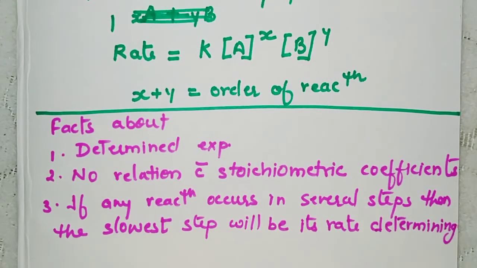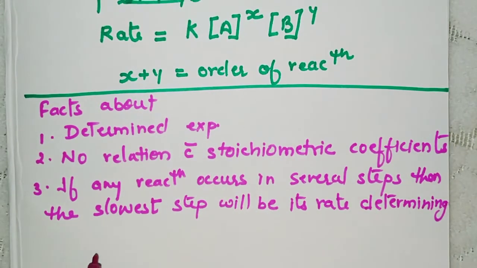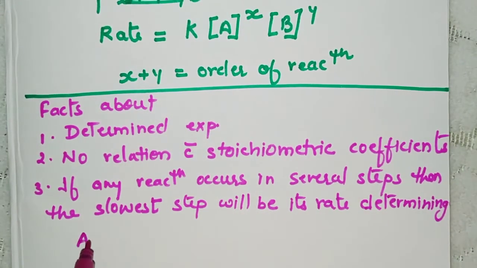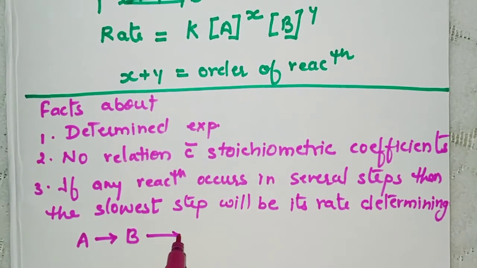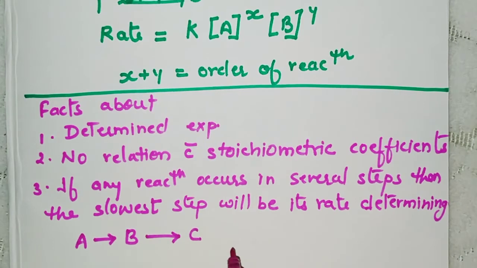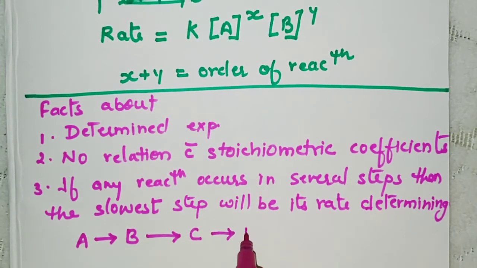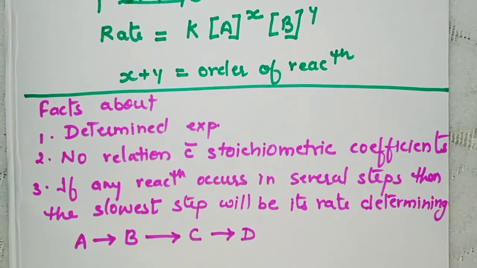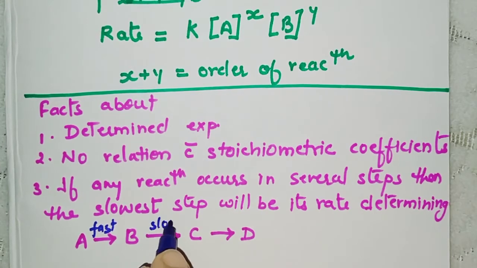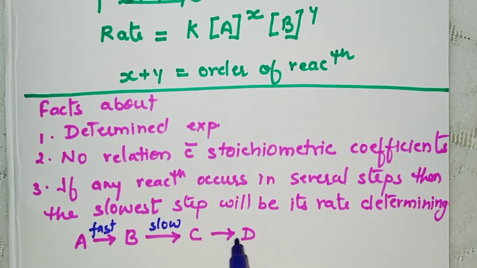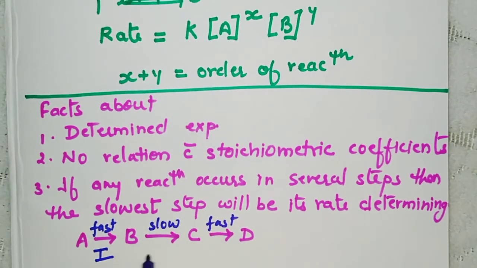See here, suppose there is a reaction in which A converts into B, then B converts into C, and C again converts into D. Suppose A to B is fast, B to C is slow, and C to D is fast. From which step will we find the rate determining step?